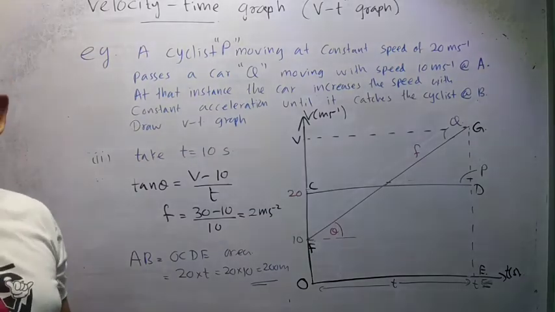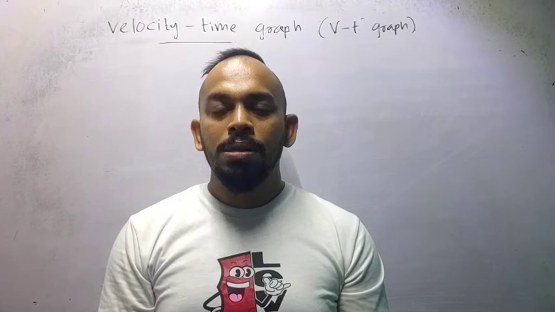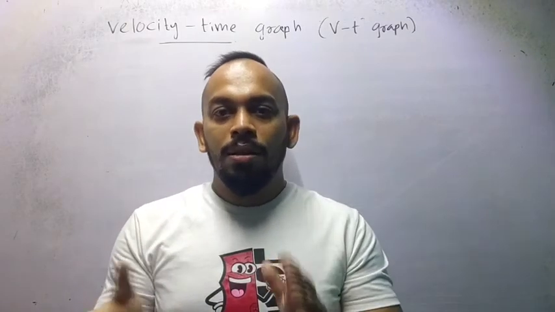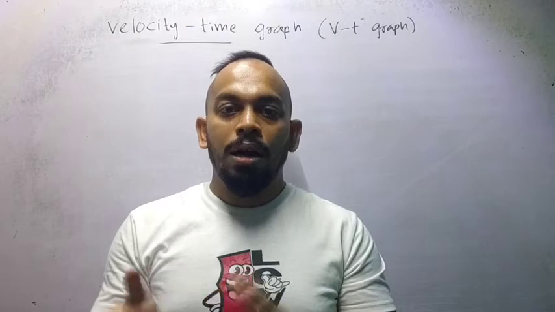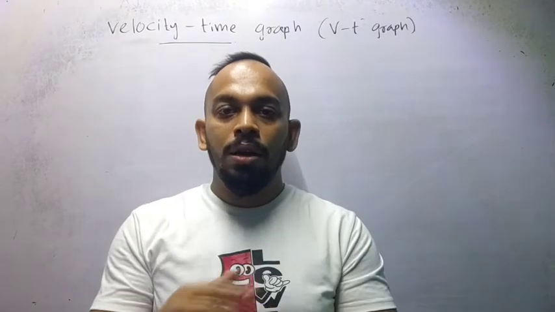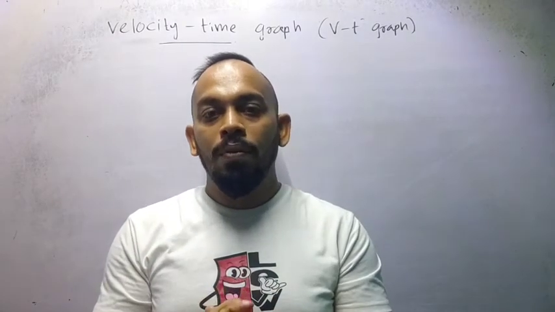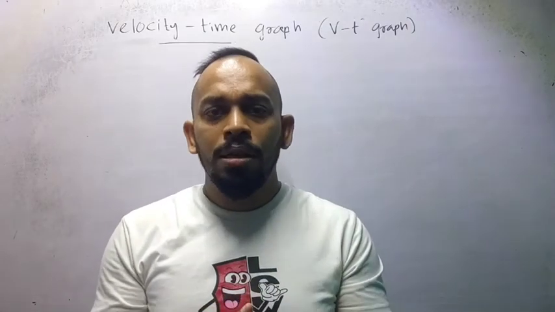So we did two problems, two examples. One is a basic one that requires the motion of two particles, a car and a cyclist. If I have time until Tuesday, I will upload more advanced examples. But until then, this is enough for you so that we can start.